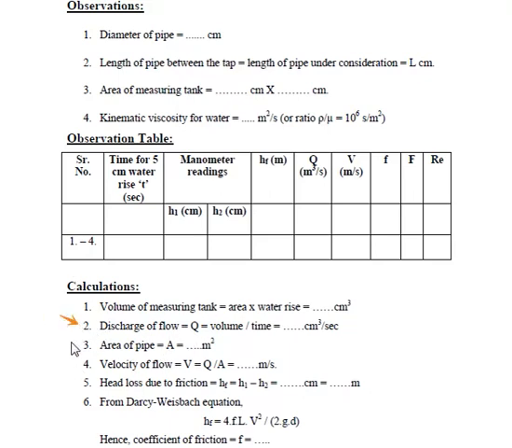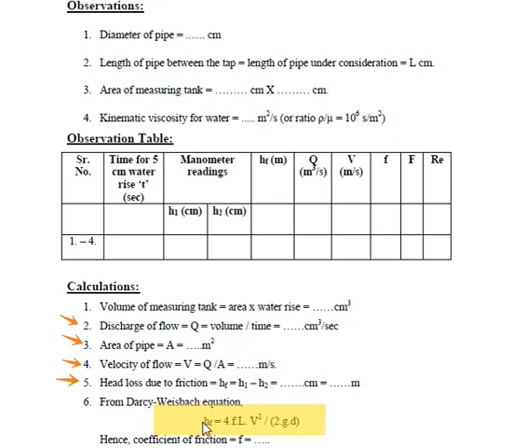Now you have got Q, you have got area of the pipe, you know the velocity, you know the head loss, and now you have to use this Darcy's equation. Now the derivation of this Darcy's equation is asked in the theory exam many times.